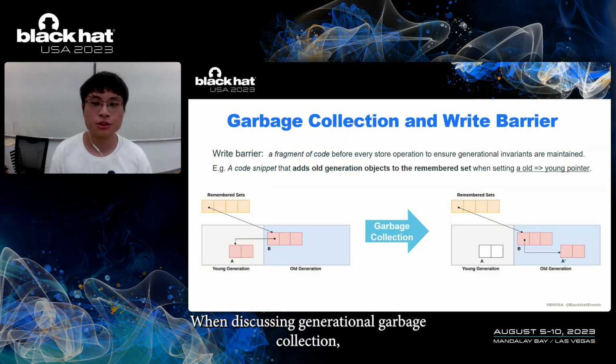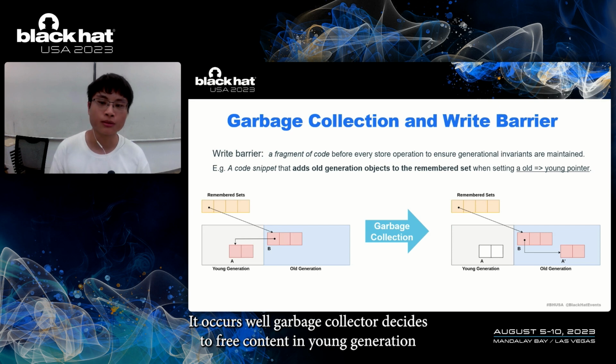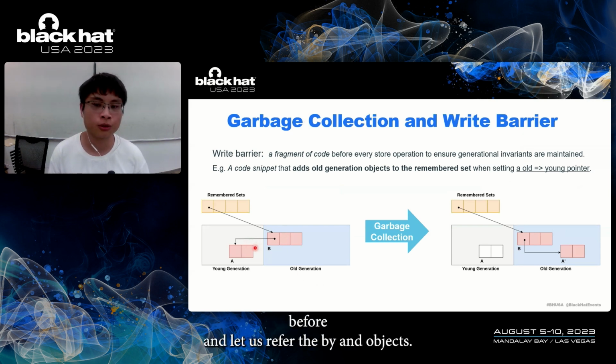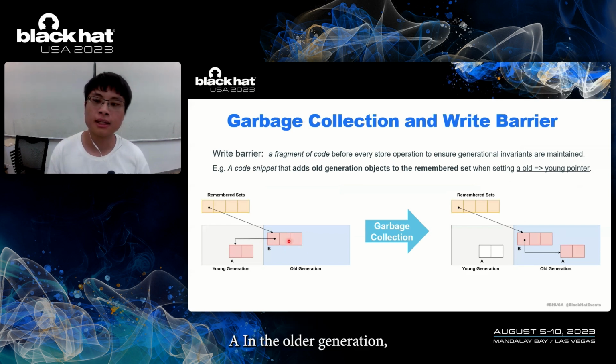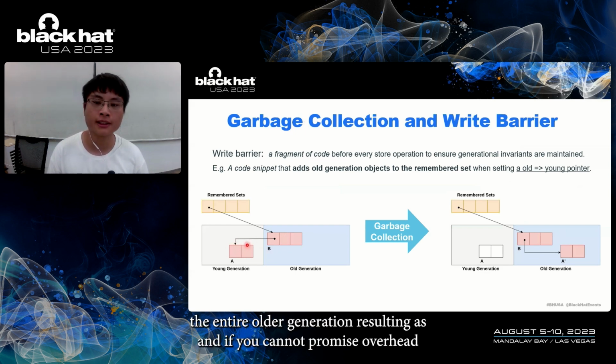When discussing generational garbage collection, there is a specific scenario that requires special attention. It occurs when the garbage collector decides to free content in the young generation, and there is an object within it that is referred to by an object in the older generation. If we attempt to free this object, it would require traversing the entire older generation, resulting in a significant performance overhead.